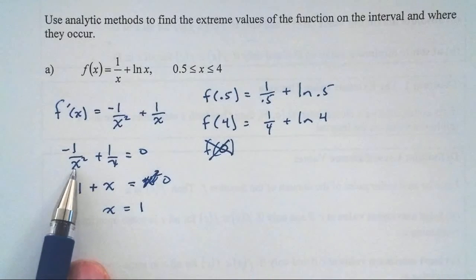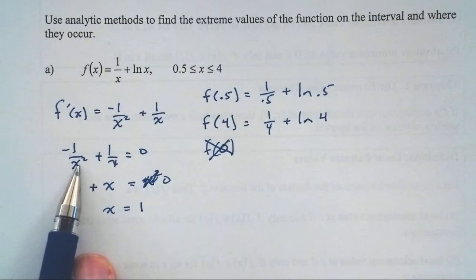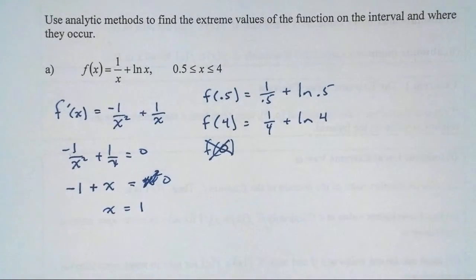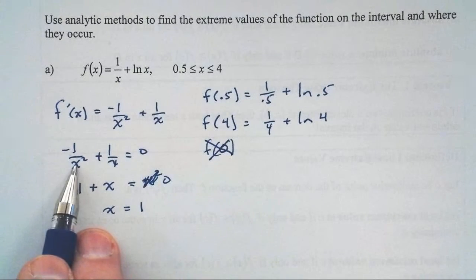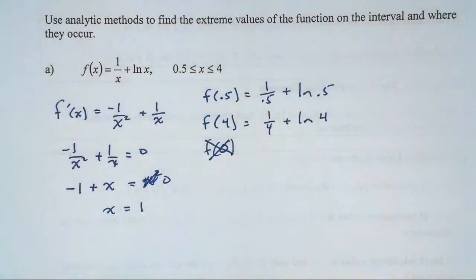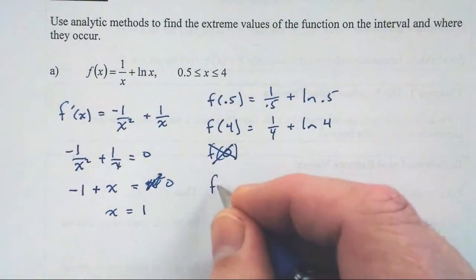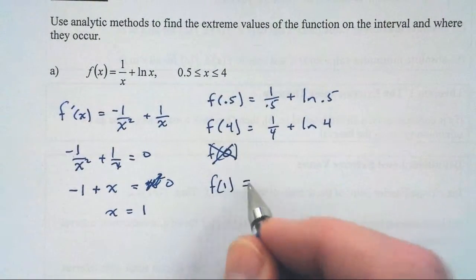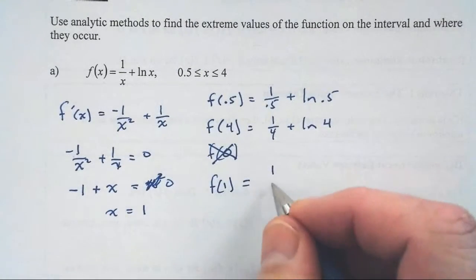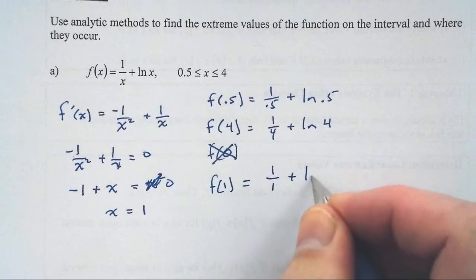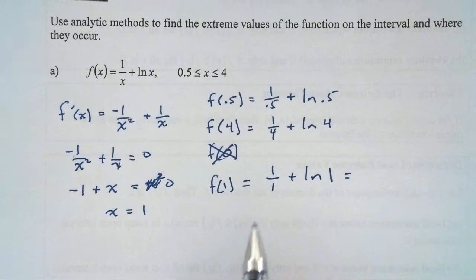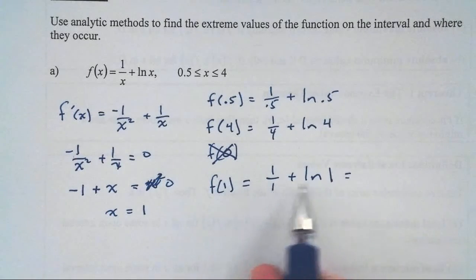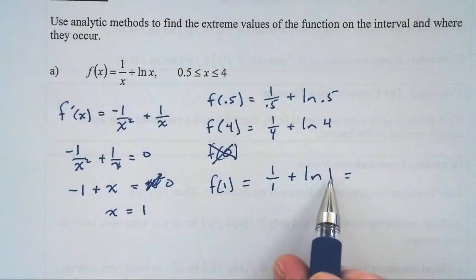Let's put in 1. Negative 1 on 1, negative 1 plus 1 on 1, that is 0. Does negative 1 work? It wouldn't matter, but negative 1 doesn't work for us; we get negative 1 minus 1. So we need to check f of 1. f of 1 would be 1 on 1 plus ln 1, and this is just 1 plus the exponent that turns e into 1, which is 0.